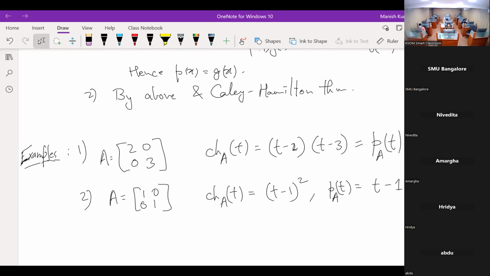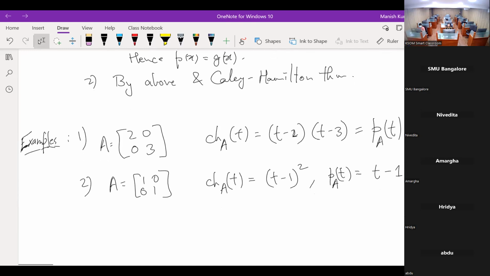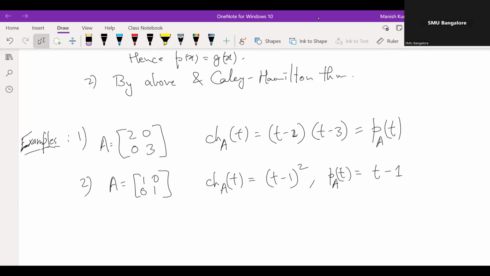So if we take the roots same, do we always get minimal polynomial same as the characteristic polynomial? So 2 by 2 matrix. Can you give me an example of a matrix which has the same roots, but minimal polynomial not same as the characteristic polynomial?